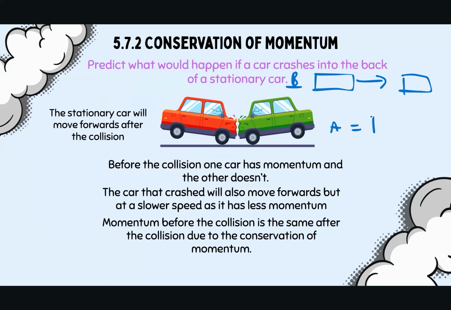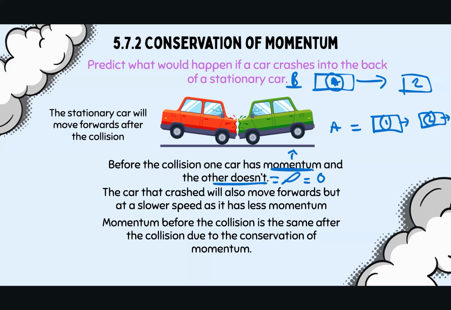After the crash, they're both going to move, but car number one isn't going to be moving as fast as it was before. So before the collision, one car has momentum and the other doesn't. So one has momentum, whatever that is, the other car doesn't, so that means its momentum equals 0. The car that crashed will also move forwards, but at a slower speed as it has less momentum.